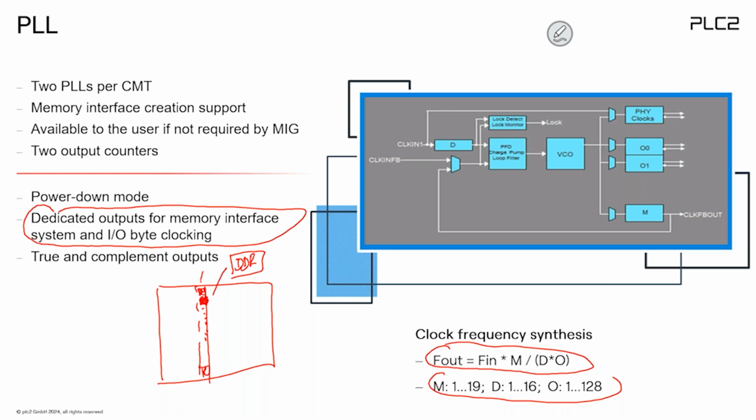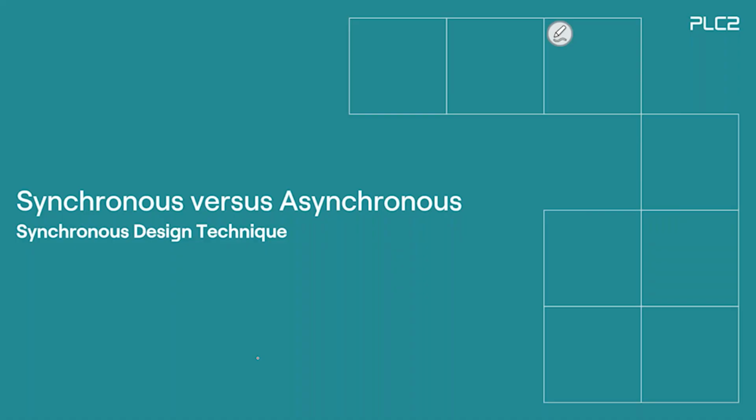But you can use the MMCM. If you don't implement a memory here, then you can use the PLL, and you can use the MMCM for your internal circuitry. So if a memory controller is implemented inside the FPGA, the PLLs are used for this. If not, then the PLLs are available for you to decide.